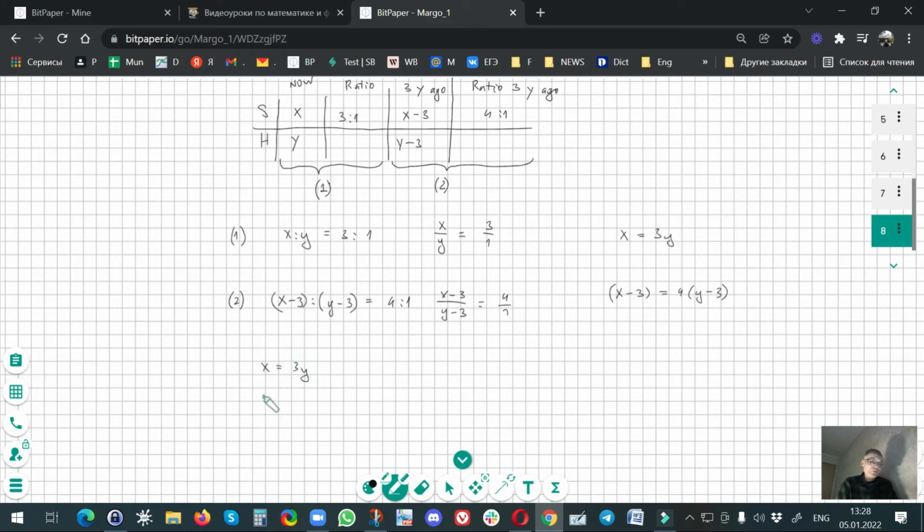But in the second one, we multiply out: x minus 3 is equal to 4y minus 12. Then we just take the simplest equation and plug it into the one which is more difficult. The easiest way to plug is just to replace that x with what it is equal to, in this case 3y. And we get a single equation for y.